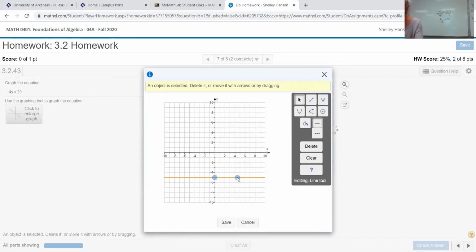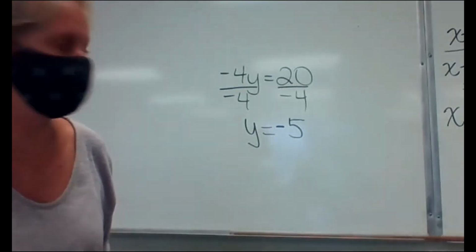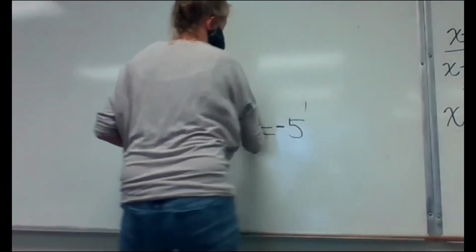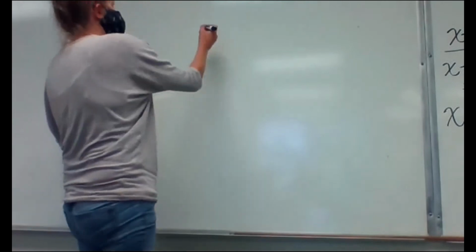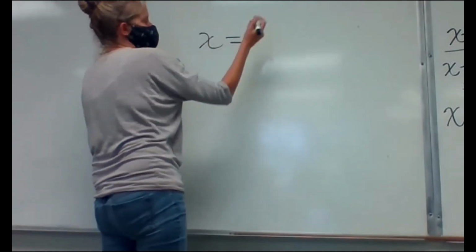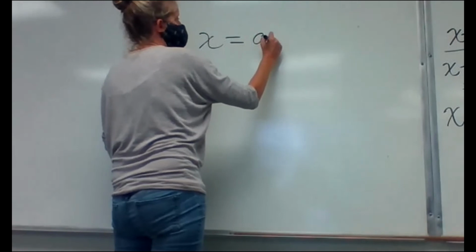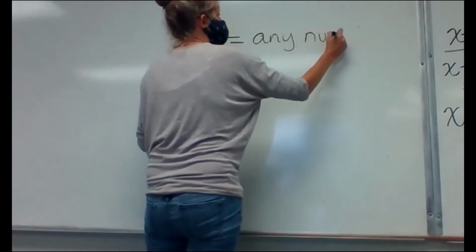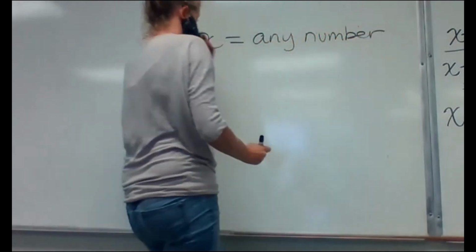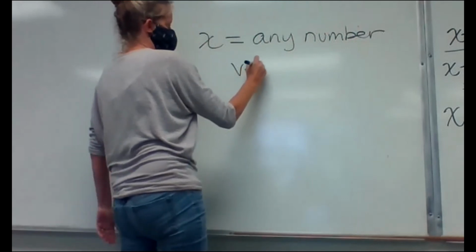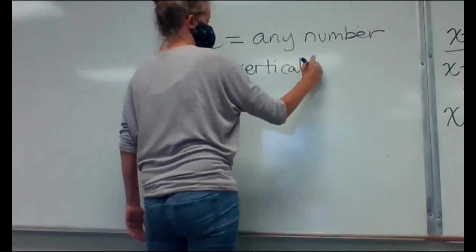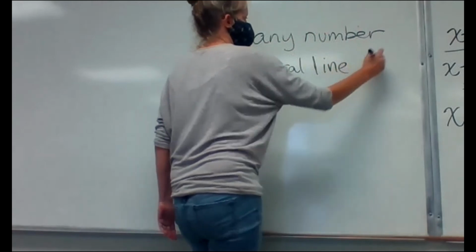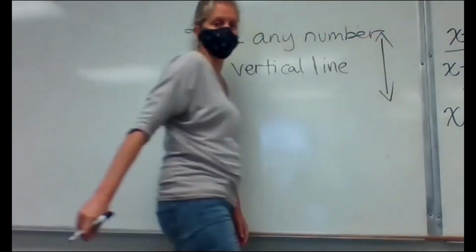So there are two things that you can take to the bank. If your equation is just x equals any number, it's going to be a vertical line, the one that goes straight up and down, at whatever that number is.